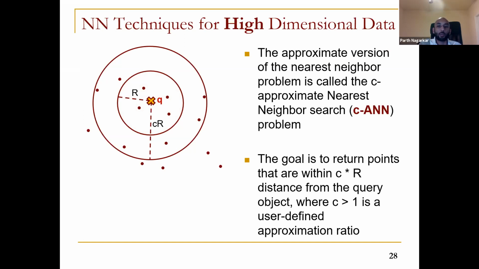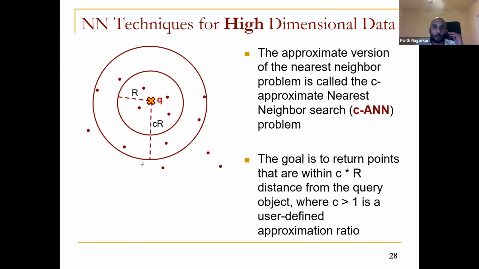In order to formally define it, this problem is called the KNN problem, where, as you can see here, if this is the radius of a query, then the KNN problem says that I will accept any results that are within CR radius.